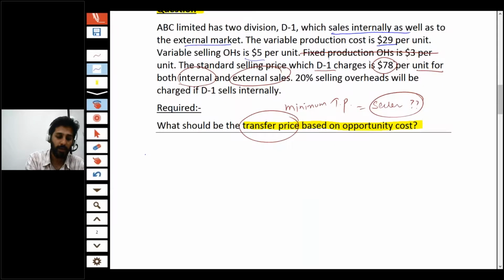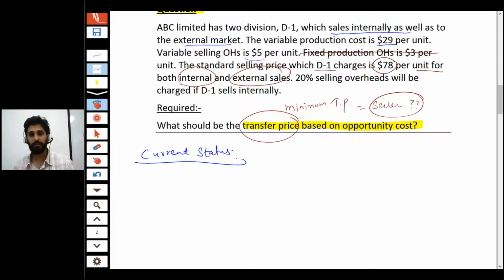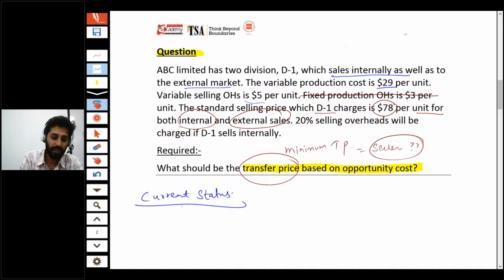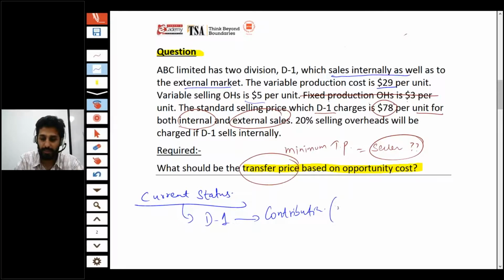So I'm just writing here, what's your current status? Current status of division 1 is the contribution. Contribution is 78, that is the selling price, minus all variable costs, whether production or non-production.